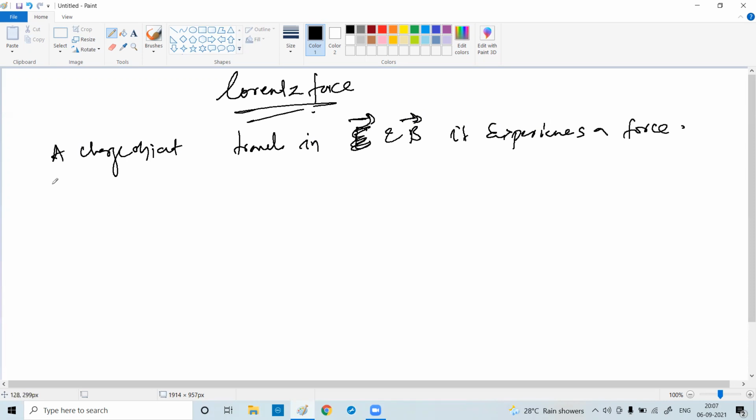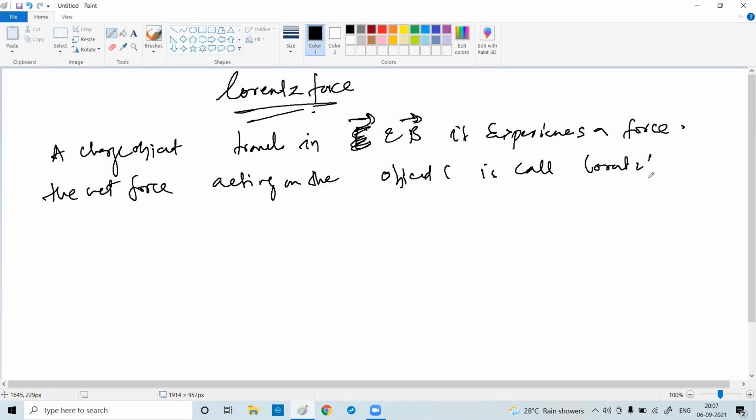The net force acting on the charged object, positive or negative, is called Lorentz force. Clear? So we said that there is an electric field and there is a magnetic field.